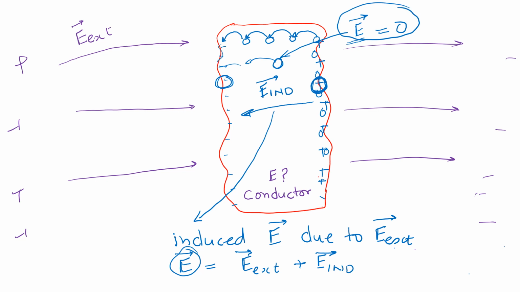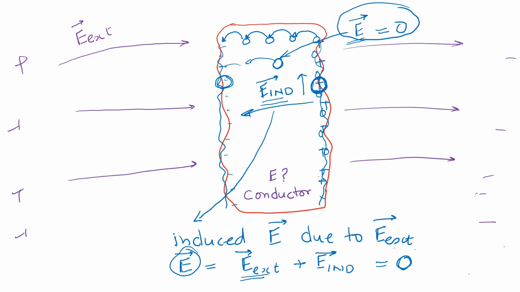As electrons are collecting on the front surface, leaving more positive charges on the back surface, E induced is increasing, and this will keep on increasing till E induced becomes equal to E external, and thus the total electric field E inside the conductor goes to 0. And once the total electric field inside goes to 0, electrons left in the atoms have no more forces acting on them, and this process would stop.